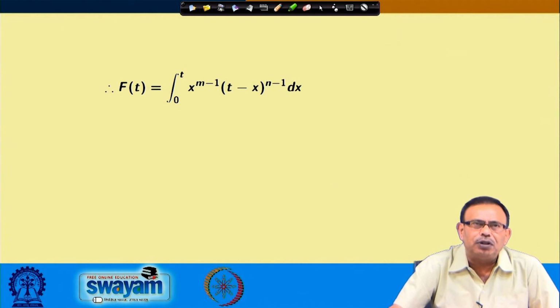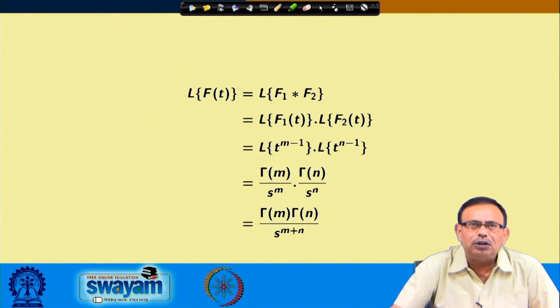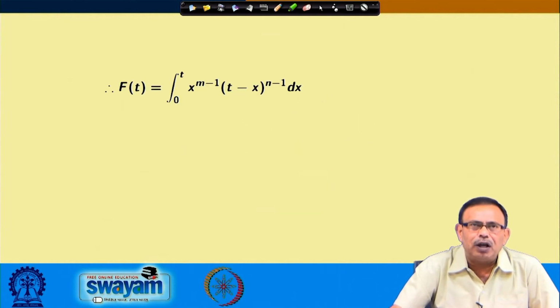So, now start with the problem. Your f(t) is integral from 0 to t of x to the power m minus 1 into (t minus x) whole to the power n minus 1 dx, and now you can write down Laplace inverse of this, because Laplace transform of f(t), just in the earlier one, we evaluated as gamma m gamma n by s to the power m plus n.